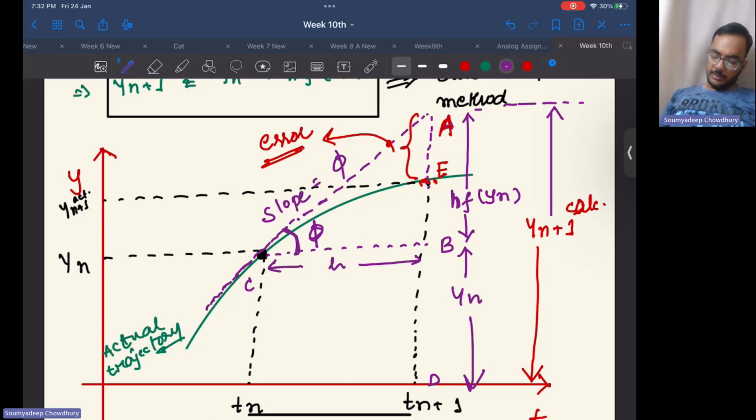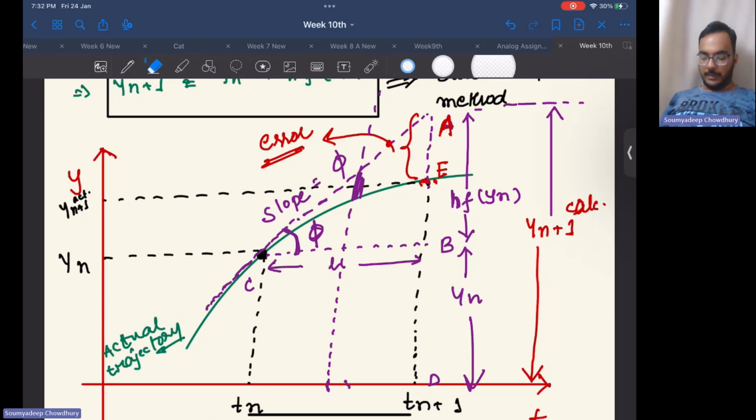Suppose my Tn plus 1 is here. Then h is reduced, right? So this much will be the error. If we have a reduced value of h, the error is reduced. This is just for illustration.